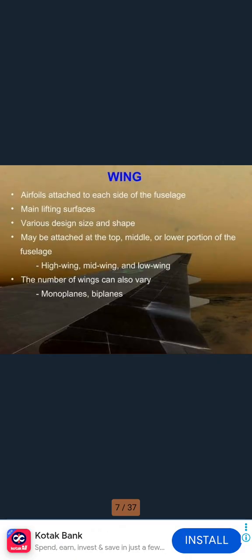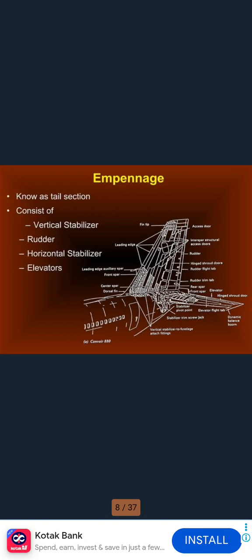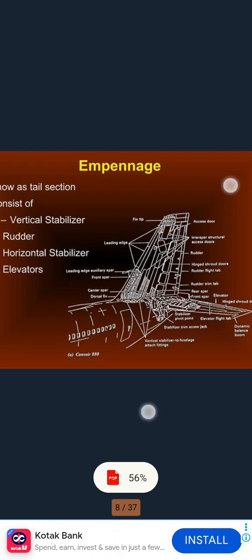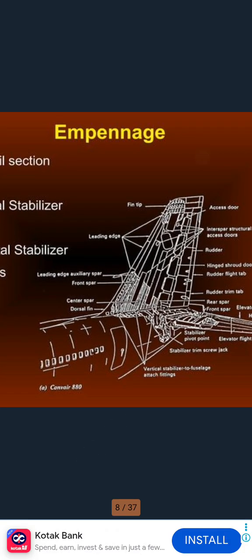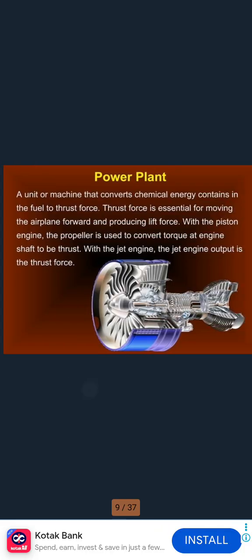Various designs, structures, and shapes may be attached at the top, middle, or lower position of the fuselage: high wings, mid wings, and low wings. The number of wings can also vary: monoplanes or biplanes. Empennage, the tail section, consists of the vertical stabilizer, rudder, horizontal stabilizer, and elevator, as shown in the figures.